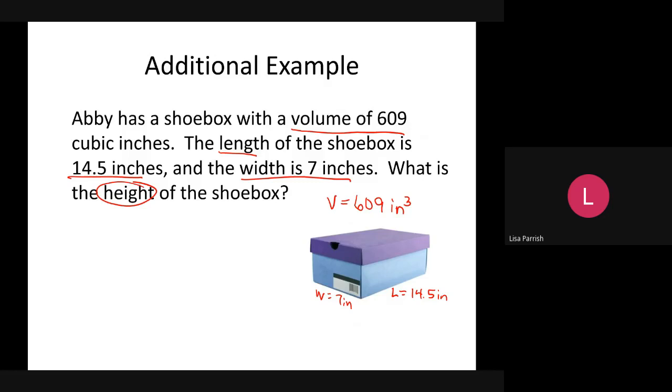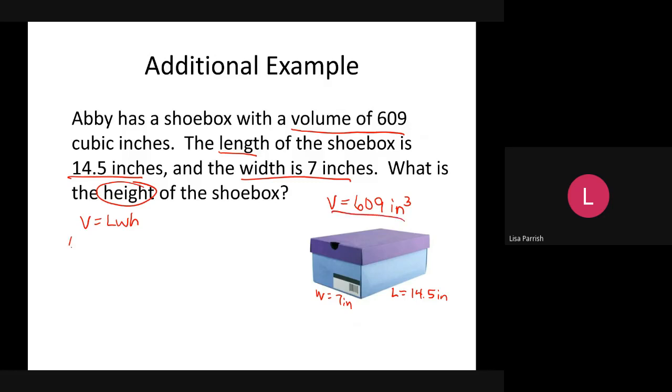So once we've got it diagrammed, let's go ahead and remember step one is to always write our formula. Volume equals length times width times height. Plug in the numbers you know. I know my volume, right here it is.